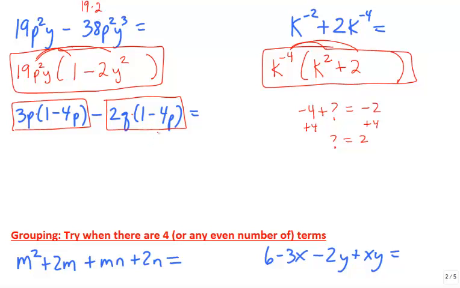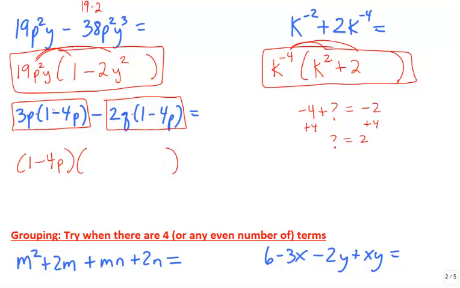So if we're looking for a GCF, we have to be looking at this box and comparing what they have in common. And you can see that they both have in common this stuff in parentheses. So in this problem, the GCF is actually this stuff in parentheses, 1 minus 4p. So if I factor that out or pull that out, then in a second set of parentheses, we have to write what would be left over.